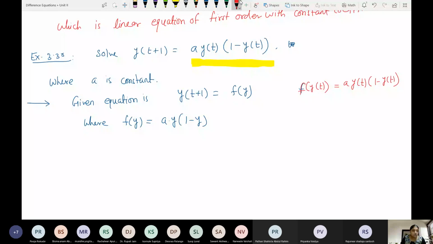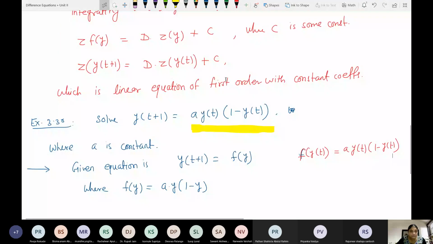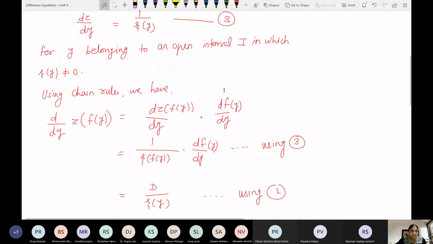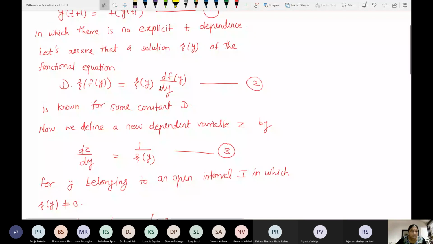So from the above method, if I want to use the change of dependent variable, let equation 2 be, what is equation 2 in the above method? You can see here. Let us assume the solution xi y of the functional equation, so d times xi of f of y is equal to xi y d f by dy of y.